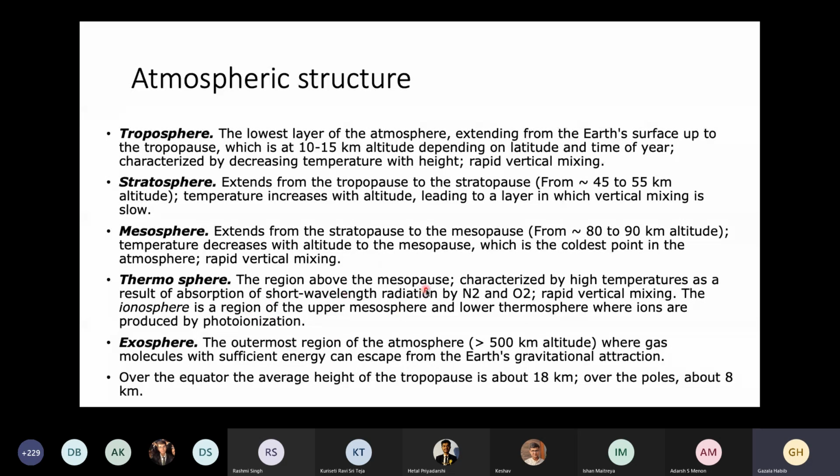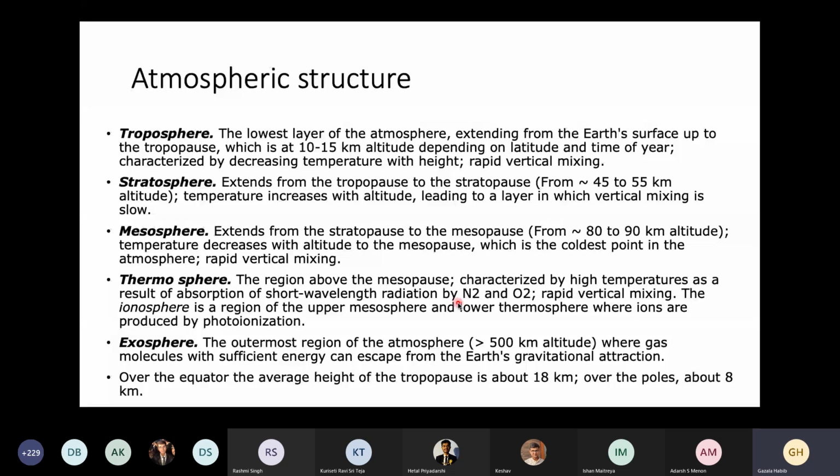The region above the mesopause is characterized by high temperature as a result of absorption of shortwave radiations by N2 and O2. So again there is nitrogen and oxygen only in thermosphere, but it absorbs a large amount of shortwave radiation.